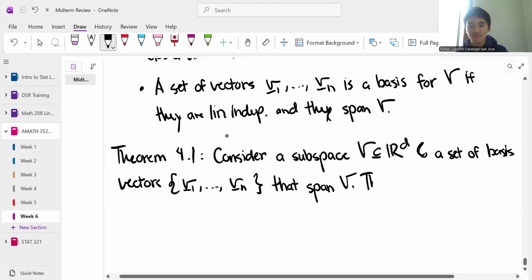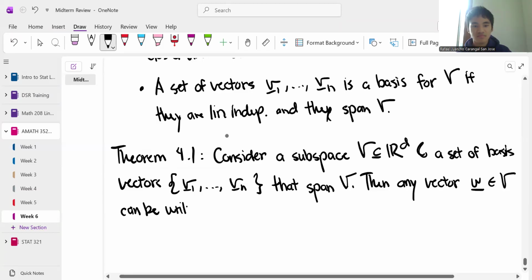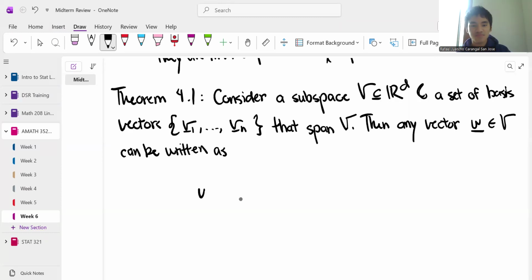Then any vector, say we have a new vector W, and that's also in that subspace V, can be written as this.